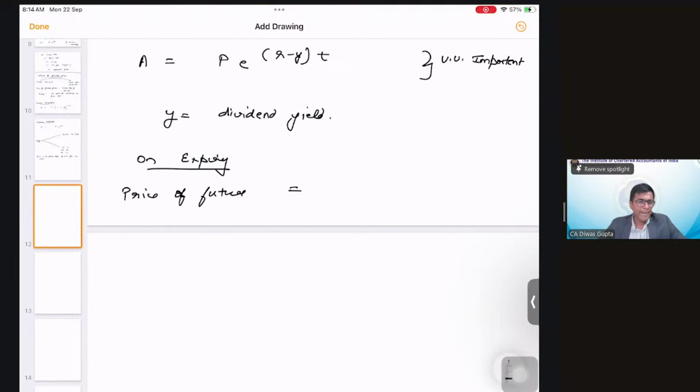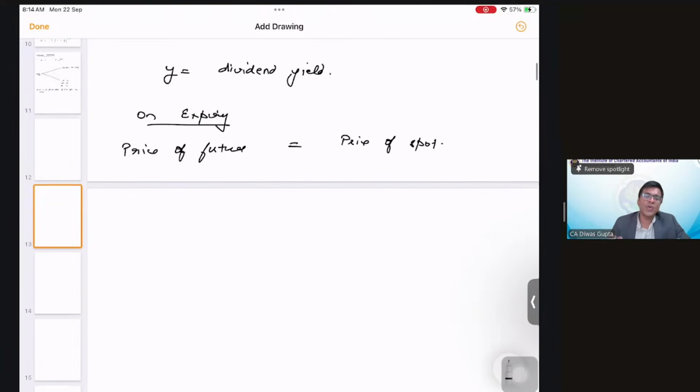Price of the spot price on that day, future. Yes. So it will be equal to the price of spot. Correct? Now, because there is no expiry, or let's say the time period to expire left, so there is no interest. If there is no interest, the future value and the present value will become same.